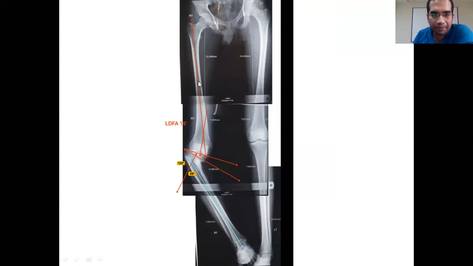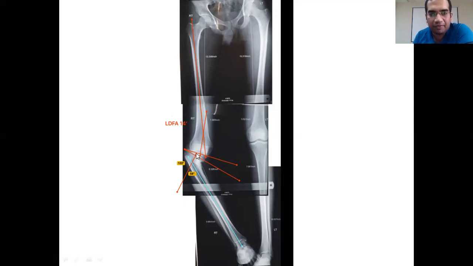As you can see, there is a deformity in the distal femur. Sorry, this is not supposed to be an LDFA. The magnitude of deformity at the femoral CORA is 14 degrees, and here the magnitude of the tibia deformity is 58 degrees.